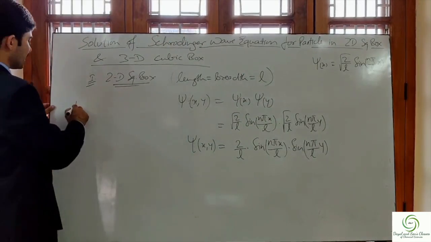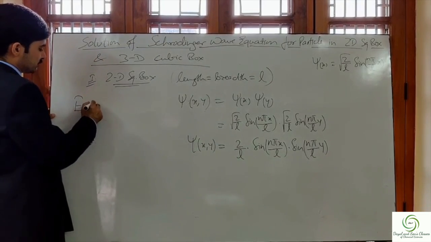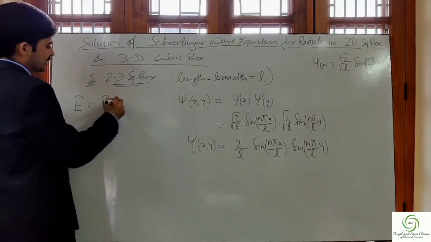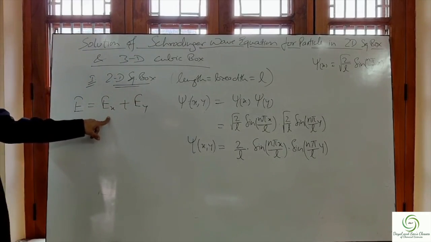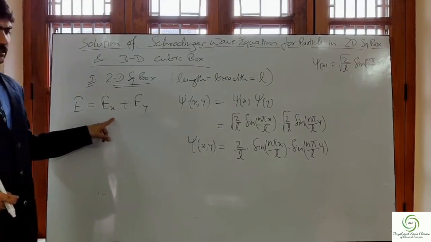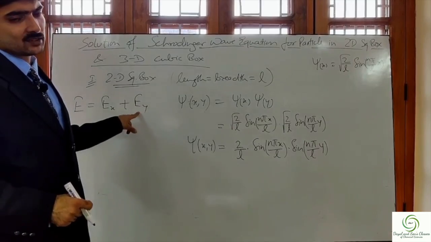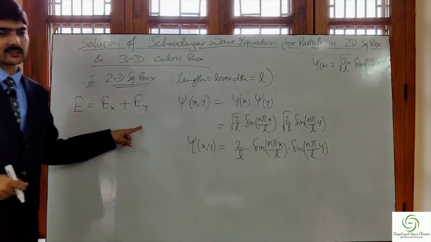The total energy in this case will be equal to Ex plus Ey. That is the energy of the particle along the x-axis plus the energy of the particle along the y-axis.